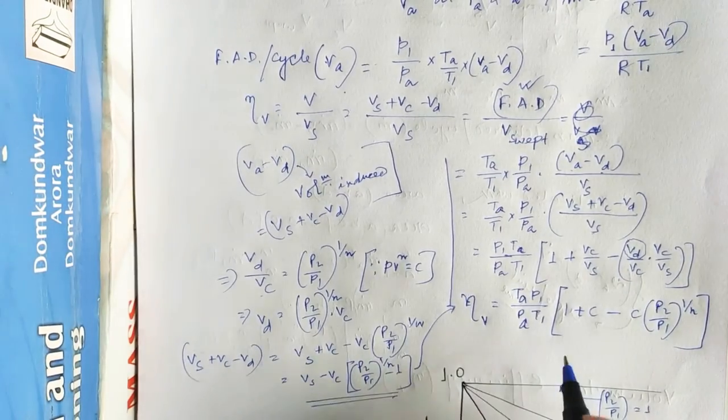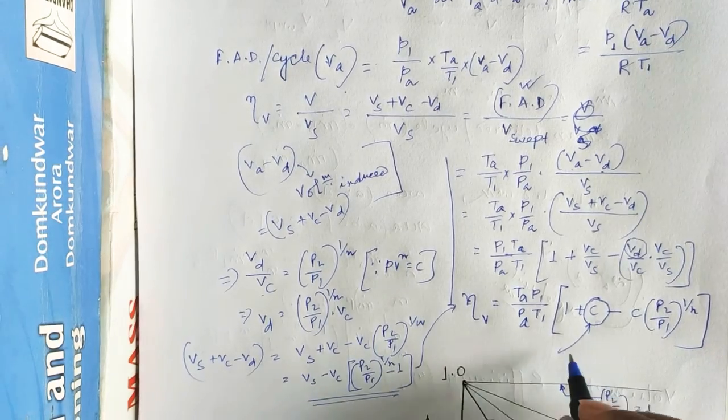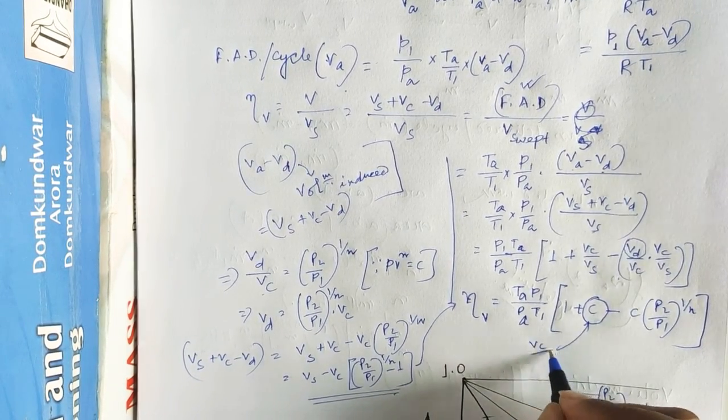Now what is C? This C is known as the clearance factor, which is equal to Vc by Vs.